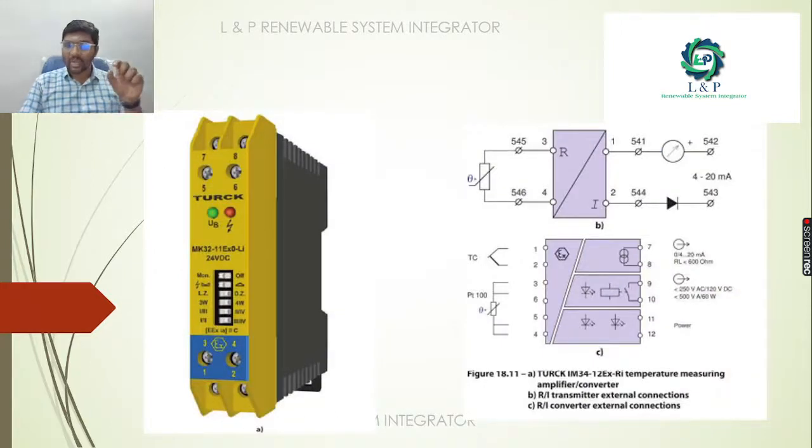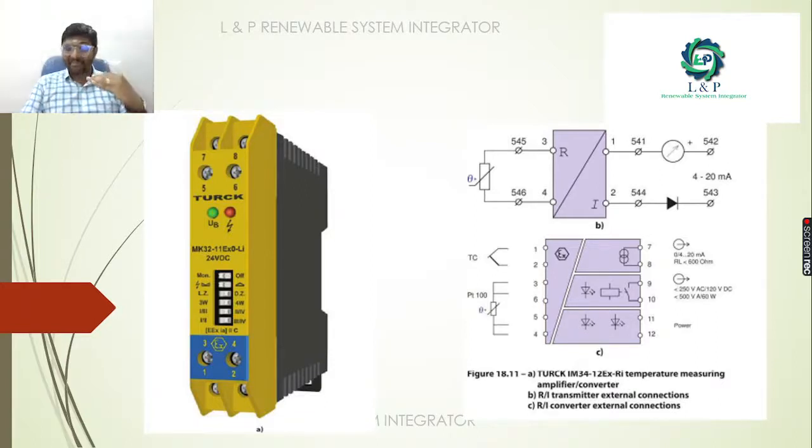So this is an example of a temperature measuring device. Its main duty is to convert the temperature into a current or a voltage. It has an inbuilt thermocouple input, and it will convert the resistance to the required current. The current can be in the form of 4 to 20 milliamps.